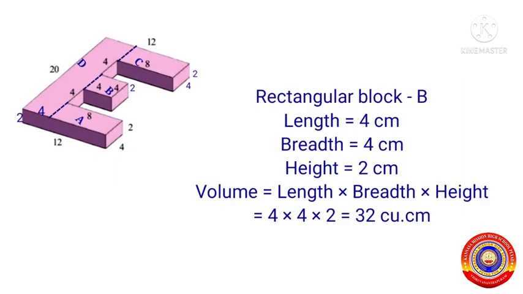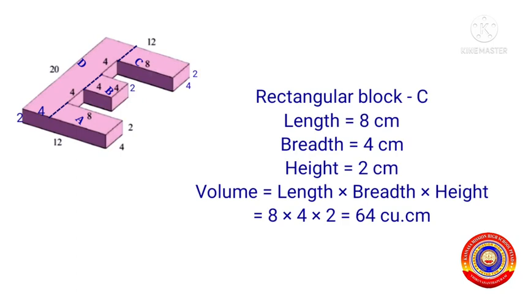Next, in block B, the length is 4 centimeters, breadth is 4 centimeters and height is 2 centimeters. Therefore, the volume is 4 into 4 into 2, equal to 32 cubic centimeters.